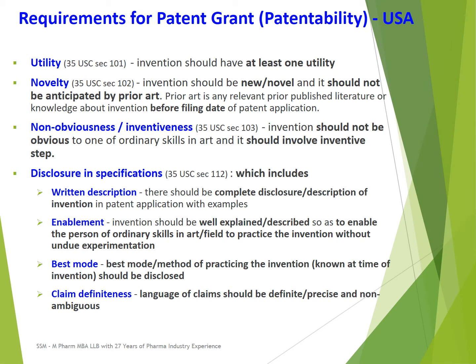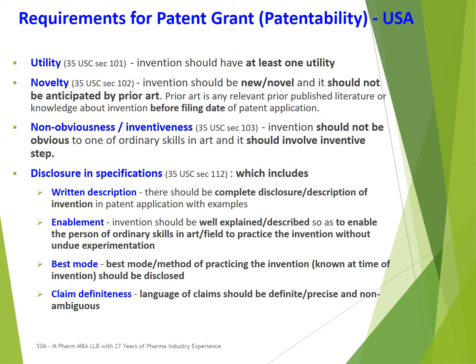So any relevant prior published literature or any prior knowledge about invention before filing date of your application is called prior art. So your invention should be new and it should not be anticipated by any prior publication or knowledge.